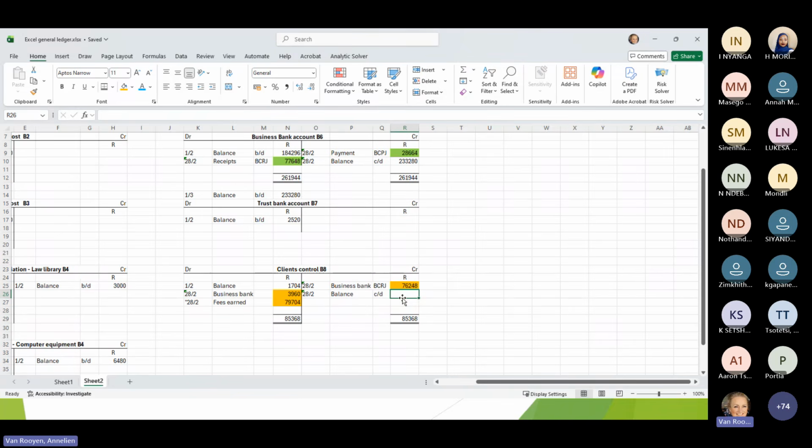And that is the amount 9120. Can everybody see where that's coming from? Okay, any questions?